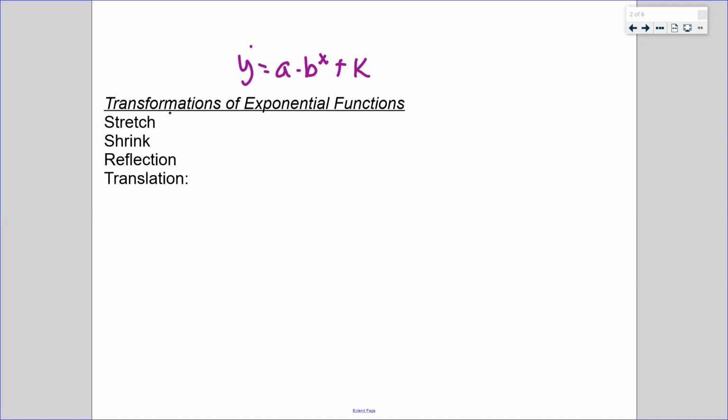So you have a stretch. Basically that means it's going to move faster when a, or the absolute value of a, is bigger than 1. So it's going to become exponentially faster than if it were just y equals a times b to the x, where a was 1.